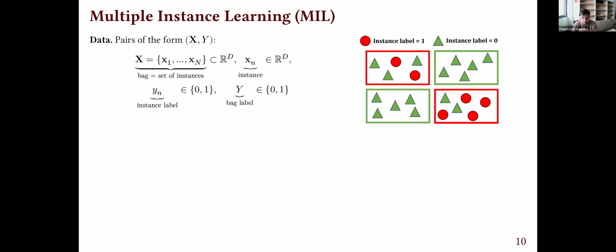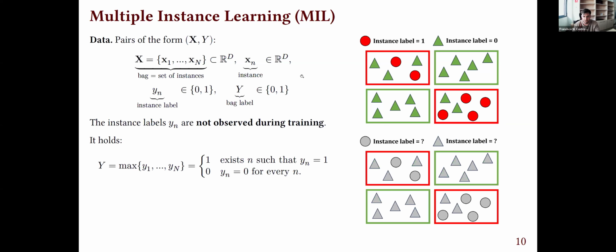For us, the instances will be the patches, and the bag will be the whole slide image. So a whole slide image is a bag, and an instance is a patch. As we said, we have instance labels, but they won't be available at training time. Instead, we have a powerful relationship between both kinds of labels.